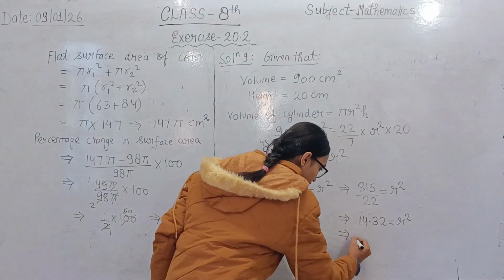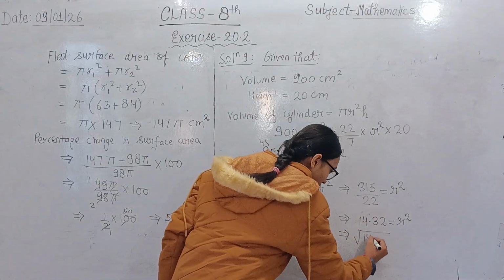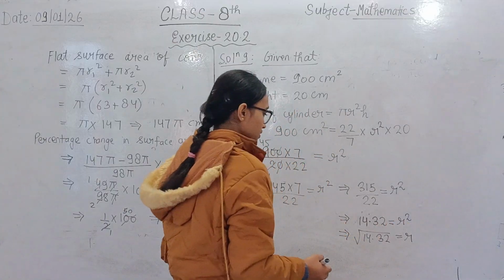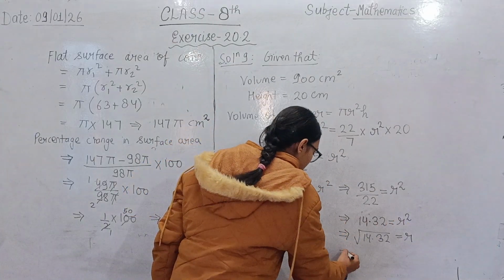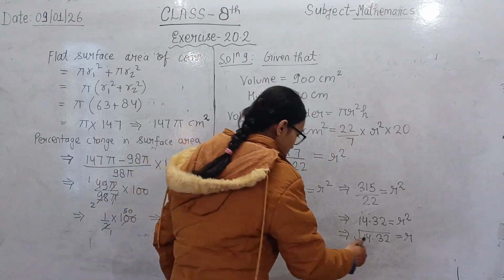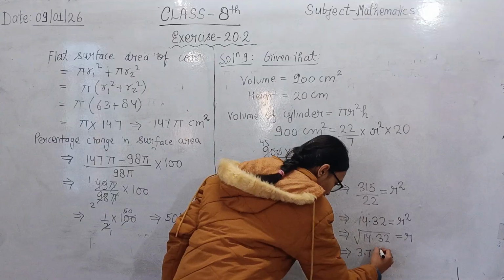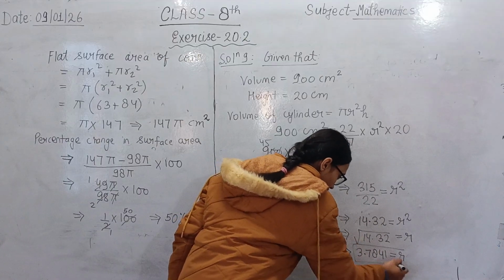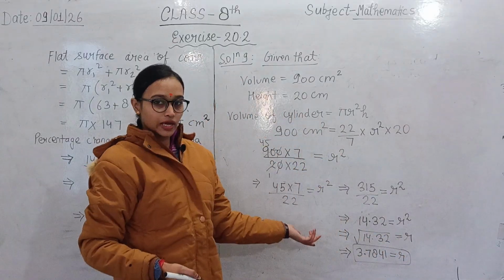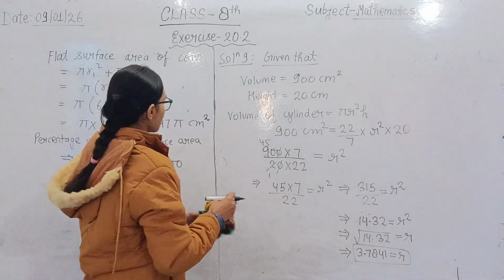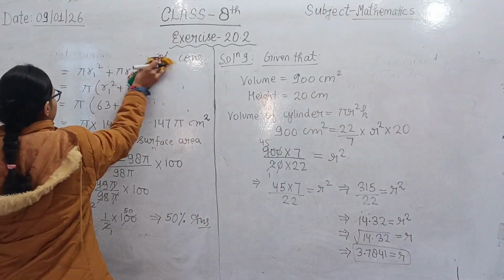It will be under root 14.32 equal to R. Here we will get 3.7841 as the value of R. Now we have to calculate diameter. Simply we can multiply R with 2. So we will get diameter.